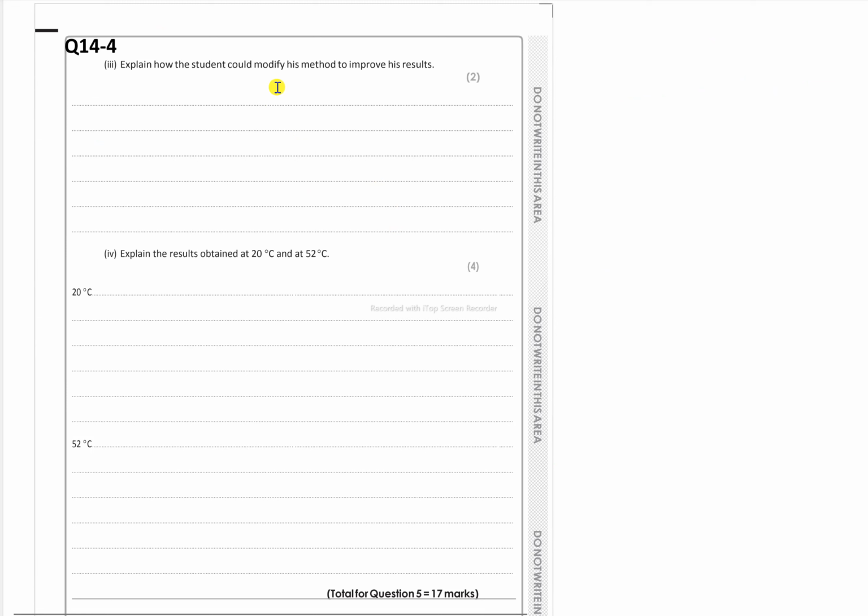Right, explain how the student could modify his experiment to improve his result. What he could do, as with all experiments, repeat, remove anomalies, and average out.